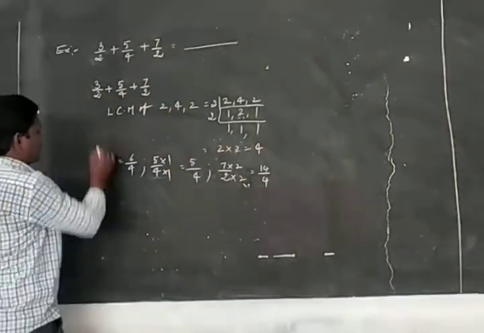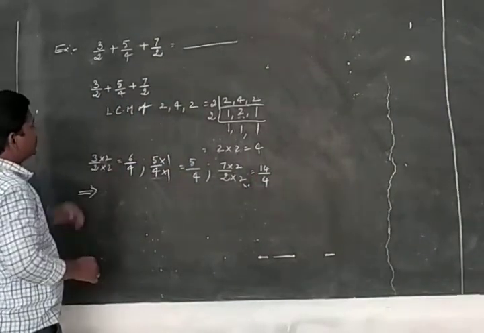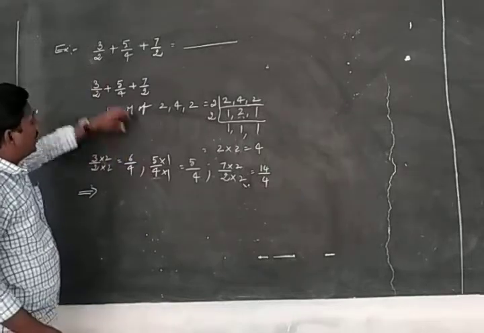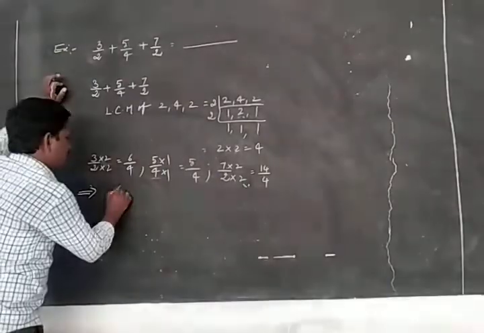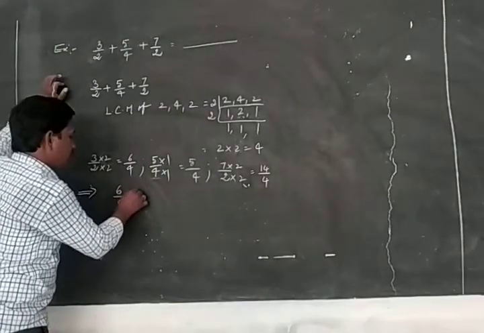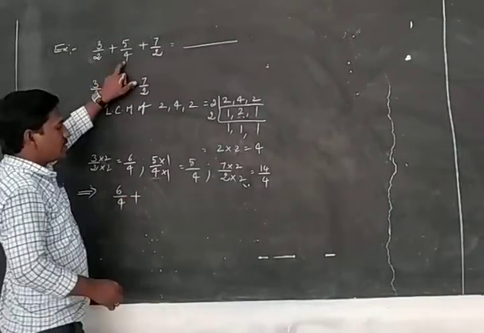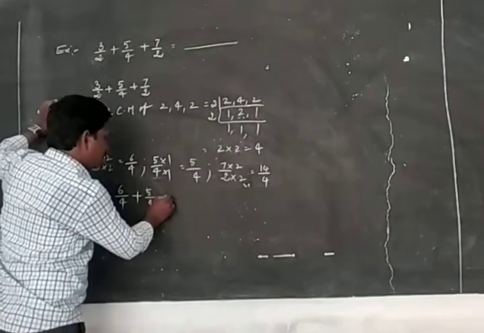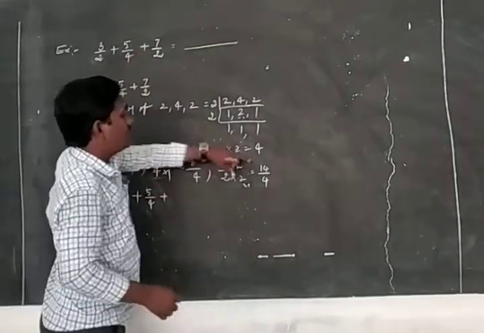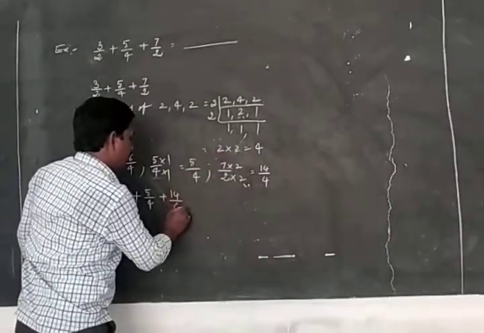Now we are arranging the fractions. So we write the corresponding fractions: 3 by 2 means 6 by 4, 5 by 4 means again 5 by 4, and 7 by 2 means 14 by 4.